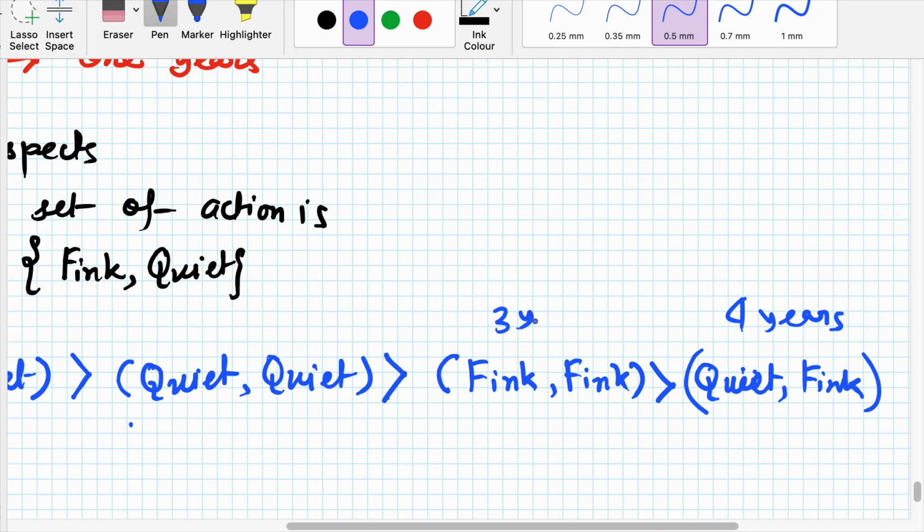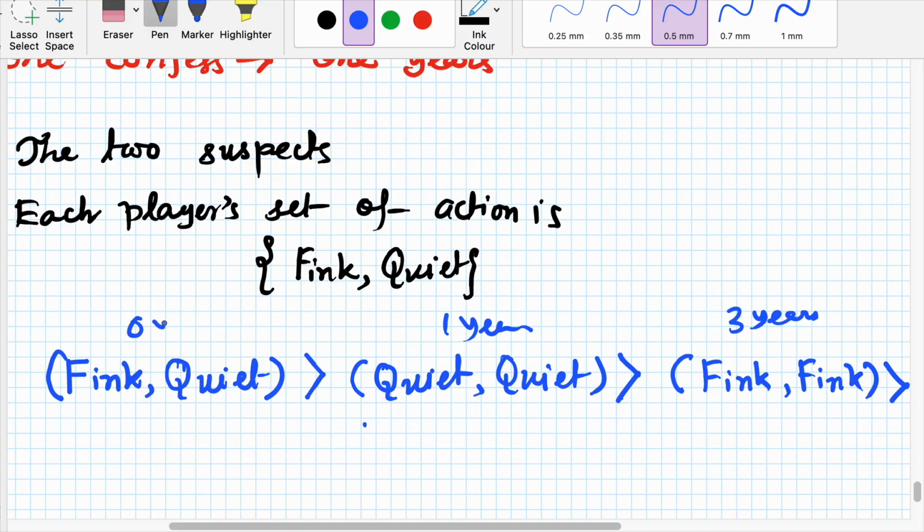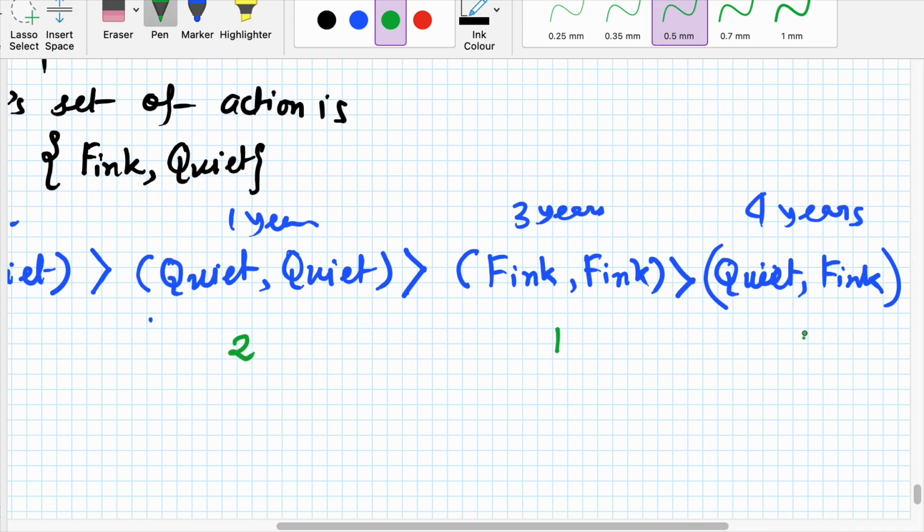Here 3 years of punishment, here 1 year of punishment, and this is 0 years of punishment. Now we can associate some numbers with this. Suppose we associate the number 3 here, maybe 2, this is 1, and this is 0.